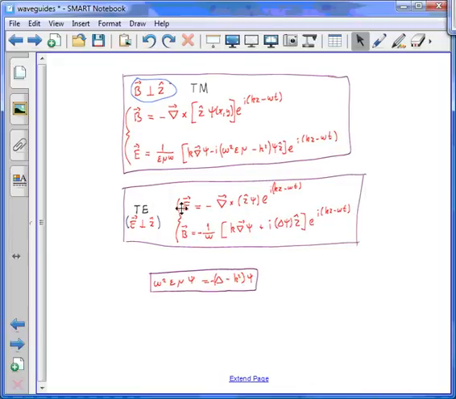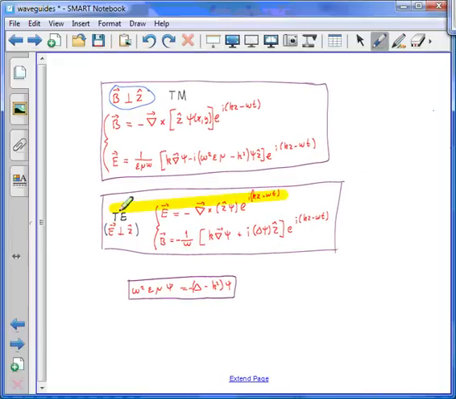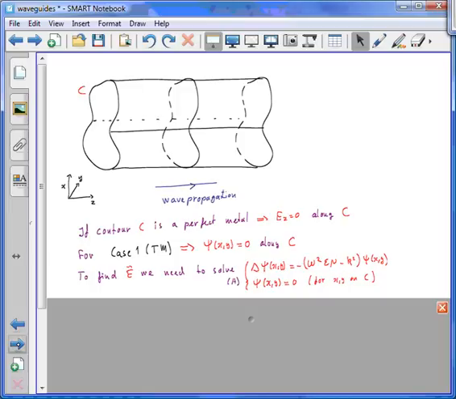Now, for the TE case, which we have here, what we want is that the electric field is always perpendicular to z. So automatically E parallel to z is going to be always 0. So we already see that we don't have the same conditions as we had for the TM case. So what happens for the TE case? Well, let's go back to the expression.